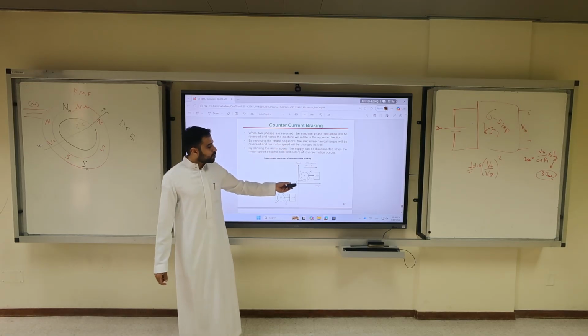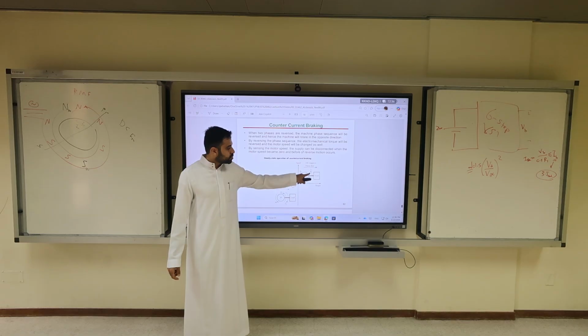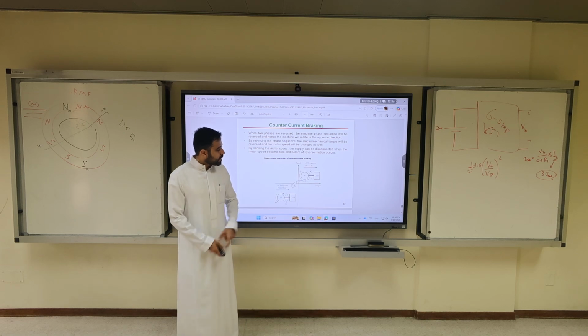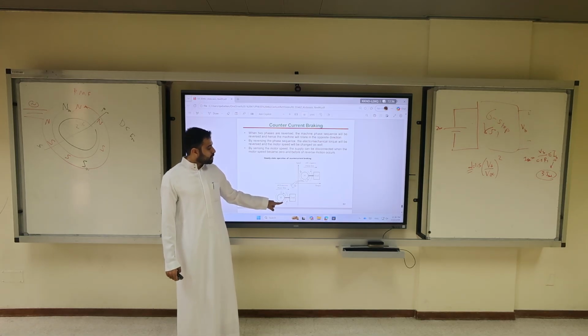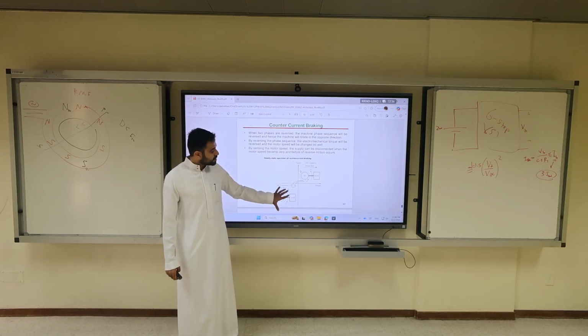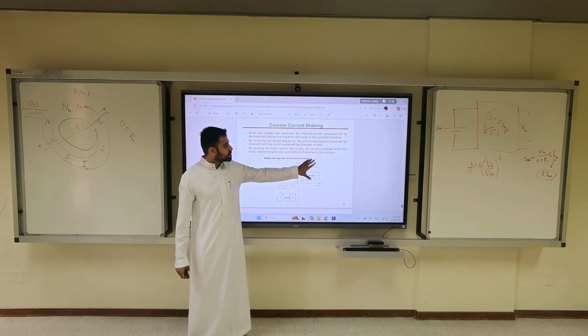Here we have the first quadrant: speed is positive, the load torque is negative, motor torque is positive, clockwise, okay? If you reverse the phase sequence, the load torque will be reversed and the motor torque will be negative. The speed now will be negative. So negative speed, negative torque, positive speed, positive torque.